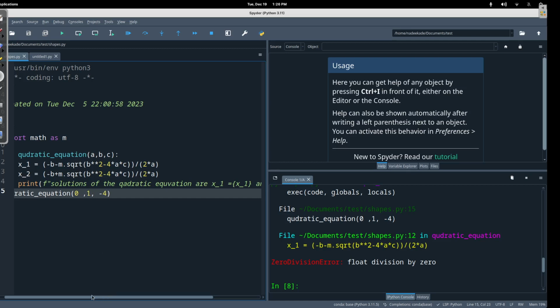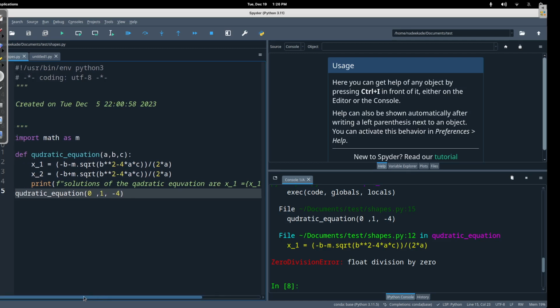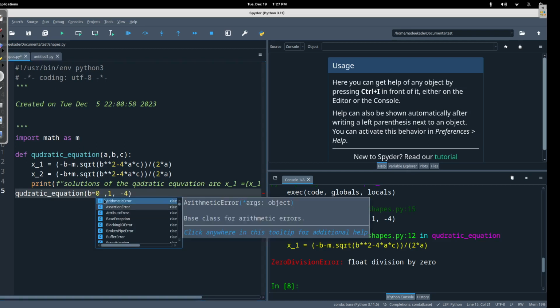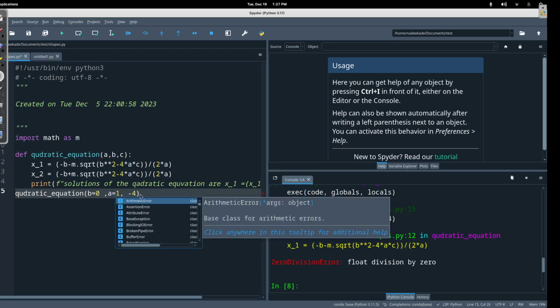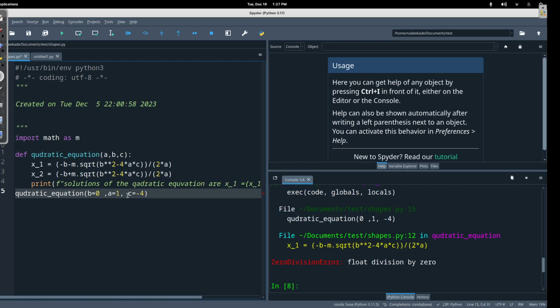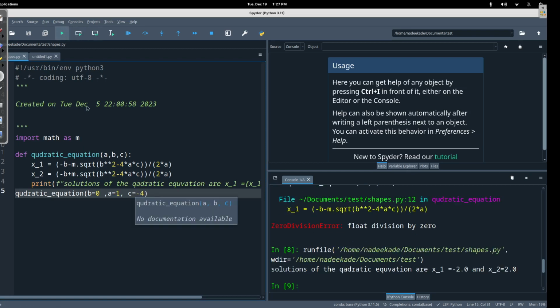It's not that big of a thing, so you can pass arguments by position or by using the keyword method, where in the keyword method we specify, we say this is b, no? 0 is b and a is 1 and c is negative 4. Okay, so what if we have this program and someone tries to pass a linear equation for this one, setting a to 0, then the program breaks down, no? So we have to fix that anyway.